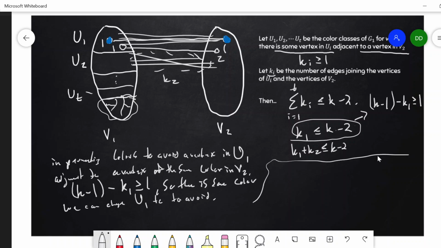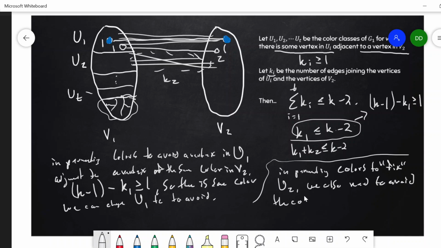Right? We don't want to backtrack and undo things we already did. So in permuting colors to, I'll say, fix U2, we also need to avoid the color used for U1.